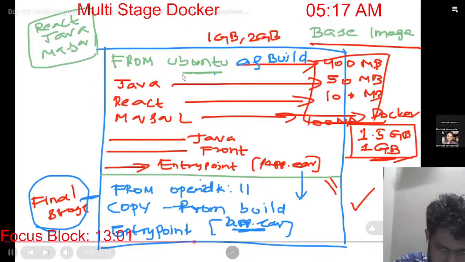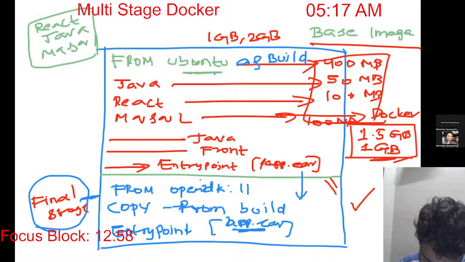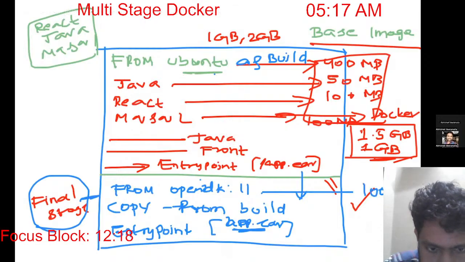So what will be the final image size? If this OpenJDK is 100 MB and this binary, because this is just a binary, should not be more than some 50 MB.